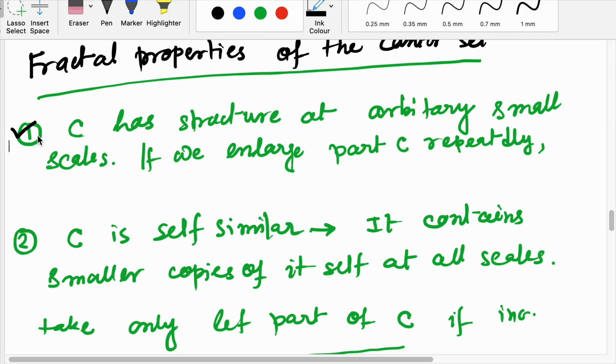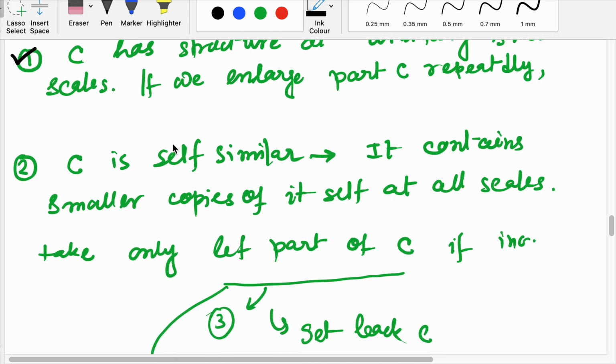We have seen that this Cantor set is self-similar, and whatever arbitrarily small region we zoom into, that small part of the Cantor set looks exactly similar to the whole Cantor set.